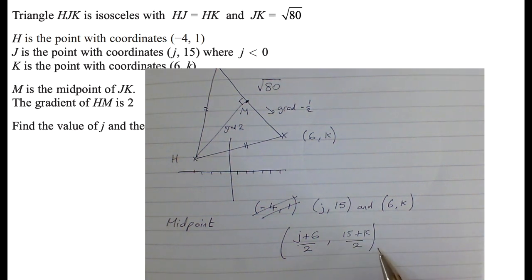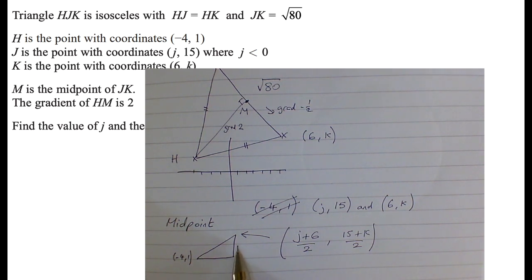Now the line connecting h to m has a positive gradient of 2. And of course the gradient is found by dividing the rise over the run, isn't it? So I know where it's starting from, h, which is -4, 1. And I know where I'm going to, it's this midpoint I've just worked out.